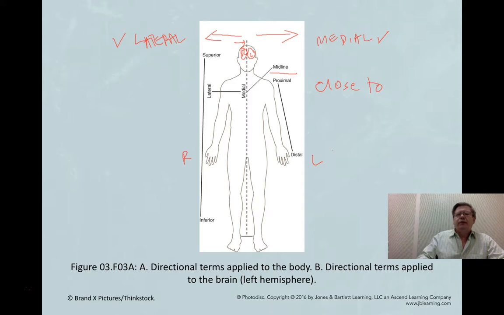Distal means far from. So if I was to describe the hand relative to the shoulder, I would say that the hand was distal to the shoulder. But if I was to describe the shoulder relative to the neck, I would say that the shoulder was proximal to the neck.